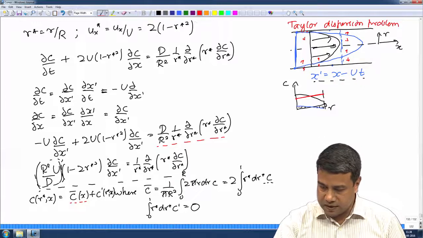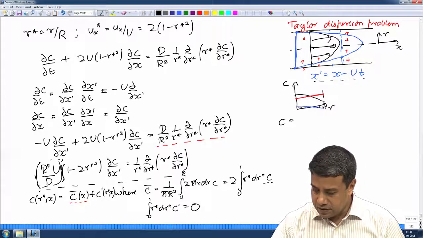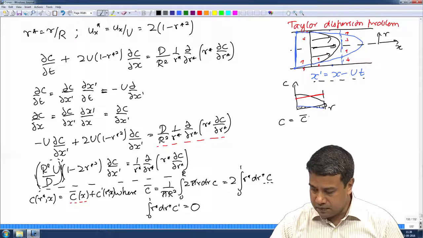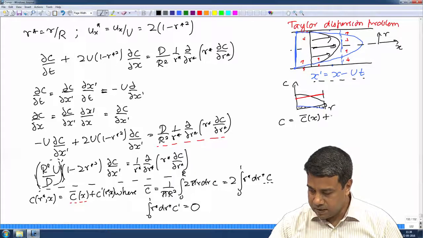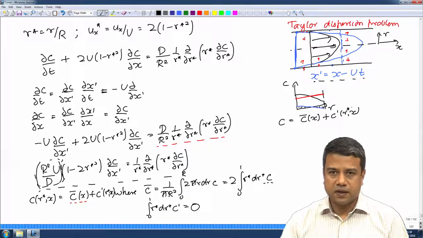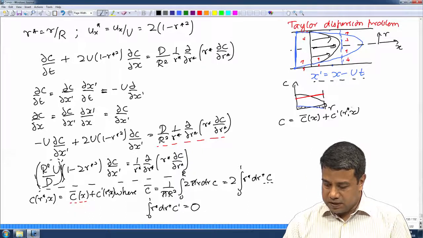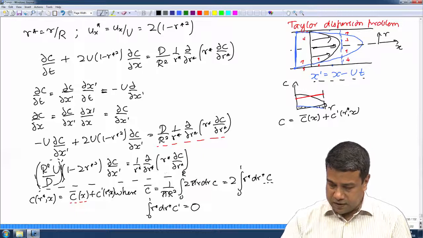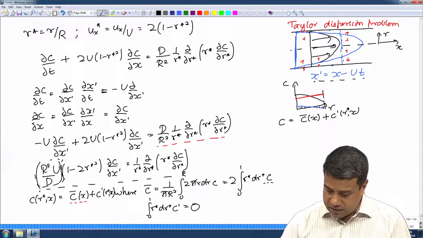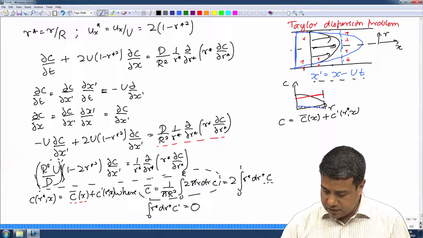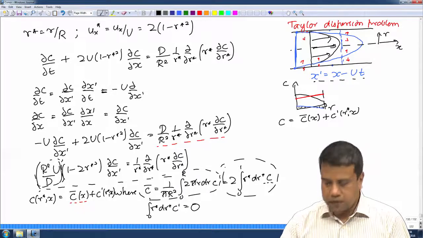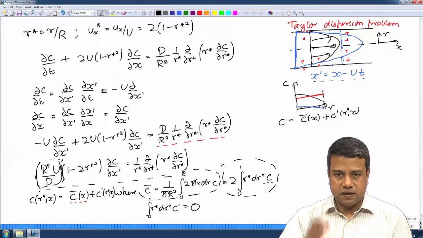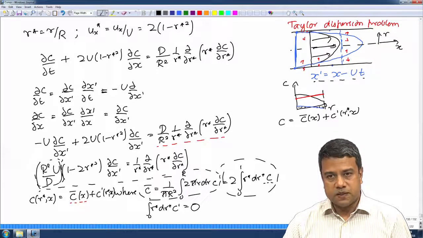So, C was written as C bar, which is only a function of x, plus C prime, which is a function of r and x. C bar was given by the radial average, the average concentration in the radial direction, which means that the average of C prime has to be 0.